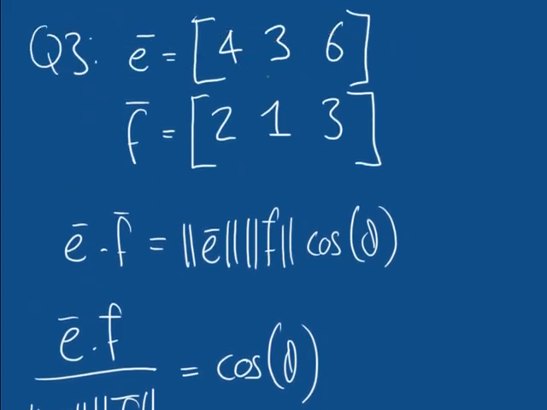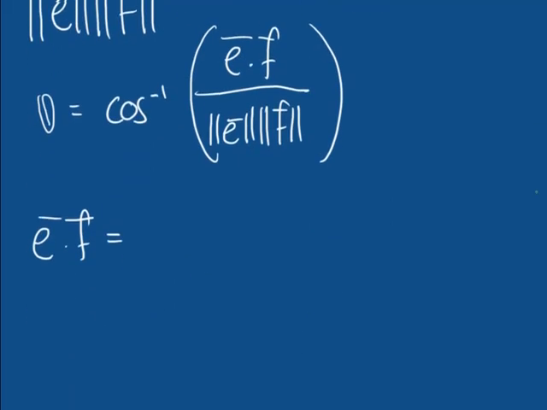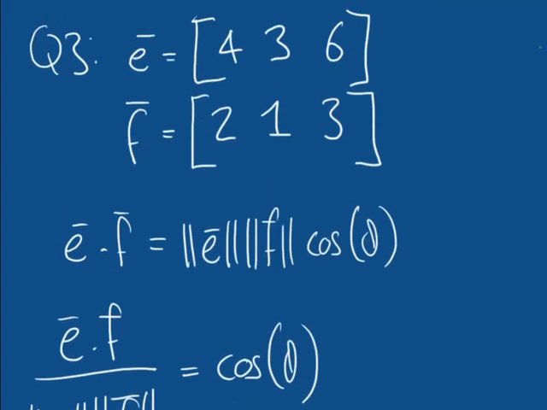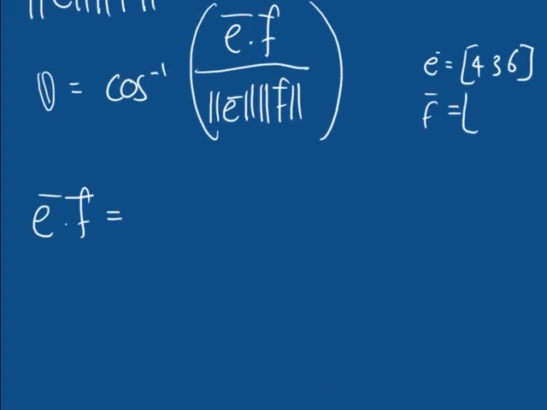So e is equal to 4, 3, 6, and f was equal to 2, 1, 3. Since we're going to need to refer to this quite a bit, I'll write that down here. Fantastic. So e is equal to 4, 3, 6, f is equal to 2, 1, 3.